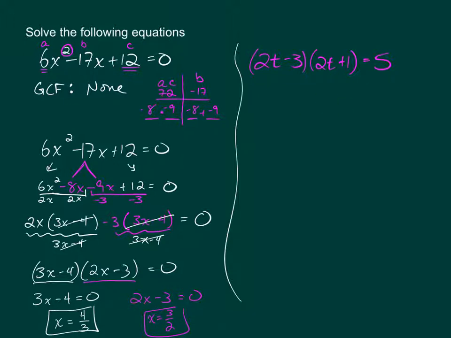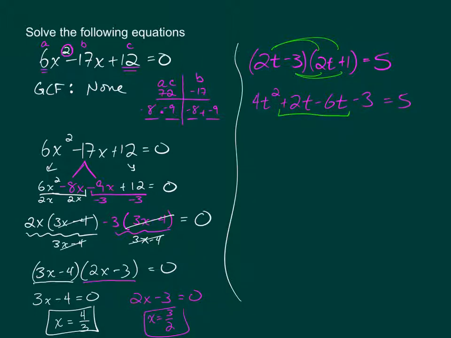So I promise in this last example here, everything will go by much quicker. The only difference between this example and this example is that you don't have this equal 0. We need this before we can start factoring. So first step, we're going to distribute the 2t to everything there and get 4t squared plus 2t. And then I'm going to distribute the negative 3 here to get negative 6t minus 3 equals 5.